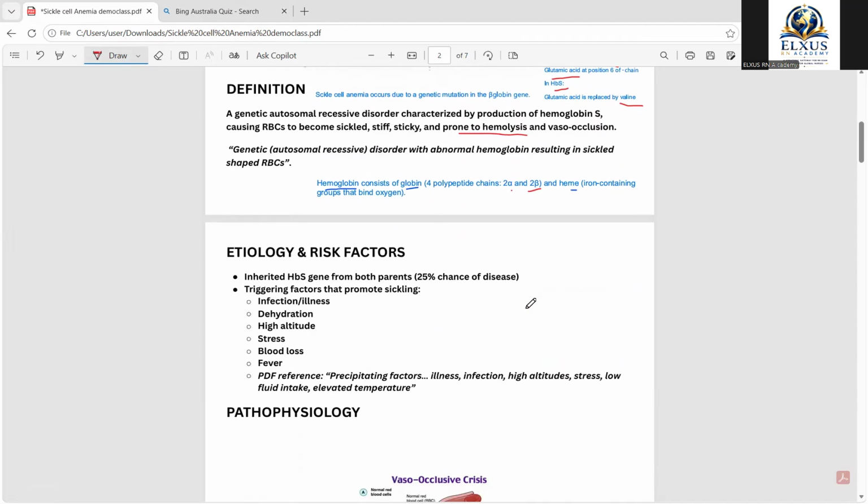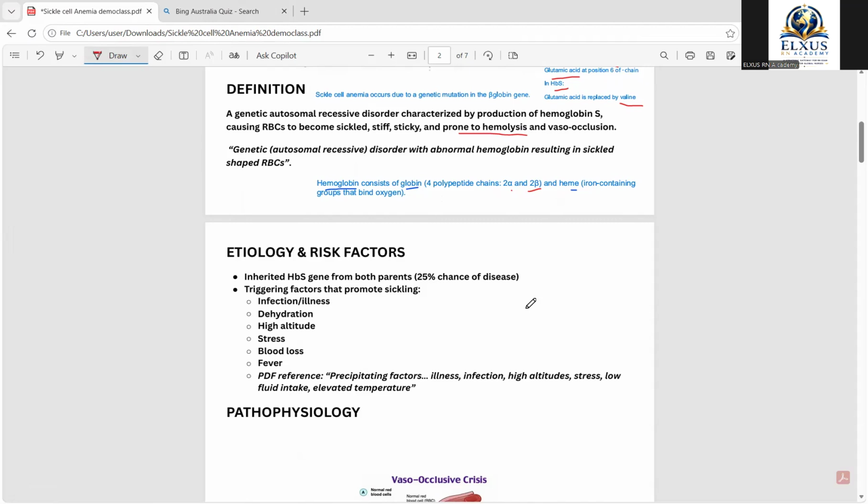Okay. So what are the main etiology and risk factors? Mainly, I already said, it is an autosomal recessive disorder. That means for getting a child with sickle cell anemia, both parents must be carriers of this gene.